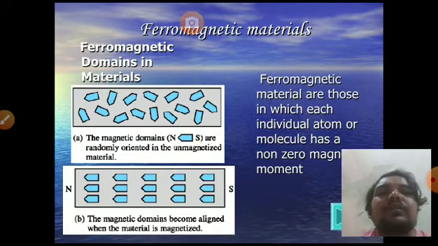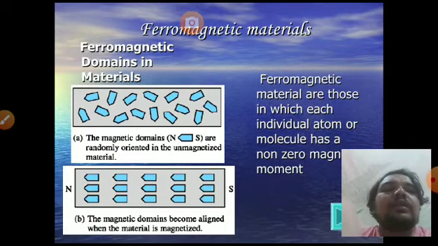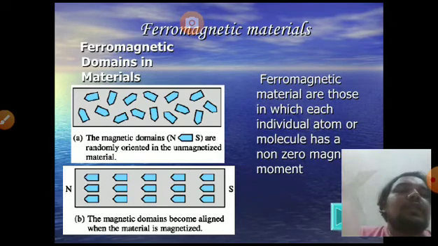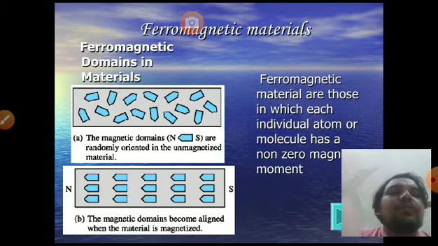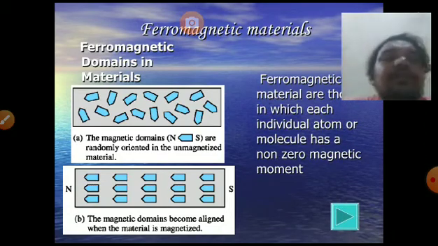Ferromagnetic material. Ferromagnetic materials are those in which each individual atom or molecule has a non-zero magnetic moment.